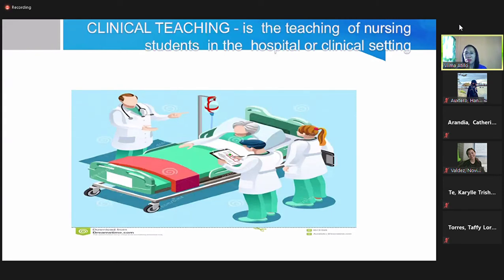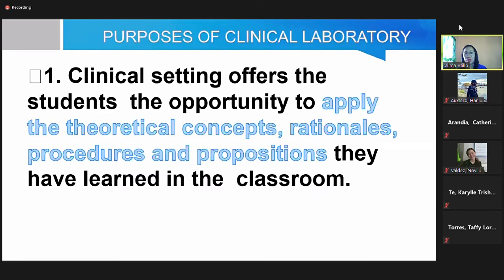Okay, next we have the purposes of clinical laboratories. The clinical setting offers students the opportunity to apply the theoretical concepts, rationales, procedures, and propositions that they have learned in the classroom.